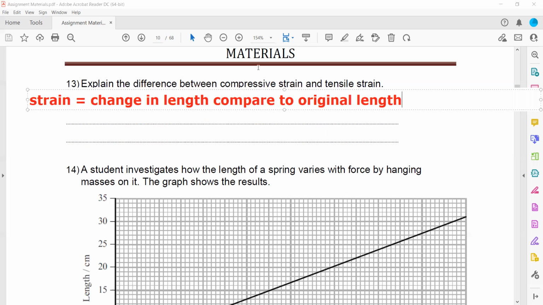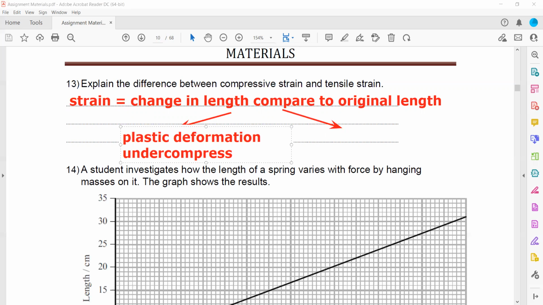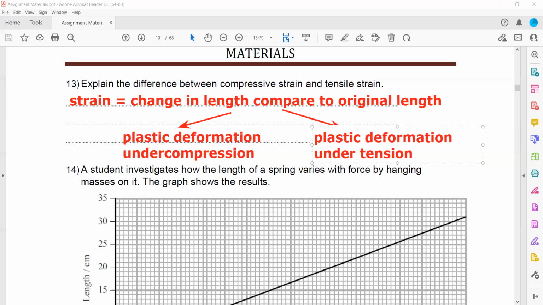If an object undergoes plastic deformation under compression, we call that a compressive strain. But if an object undergoes a large plastic deformation under tension or tensile force or tensile stress, we call that a tensile strain.